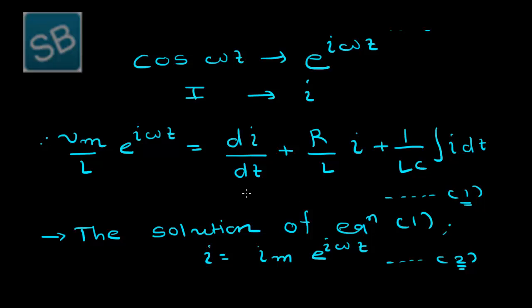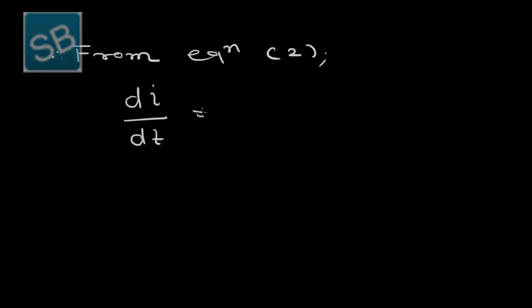So let's first find di by dt from equation 2: di by dt is equal to d by dt of Im e raised to j omega t.